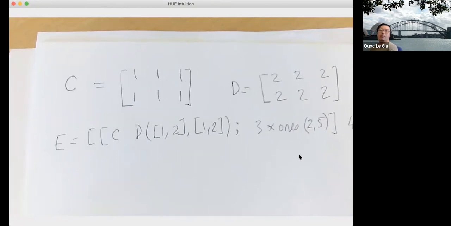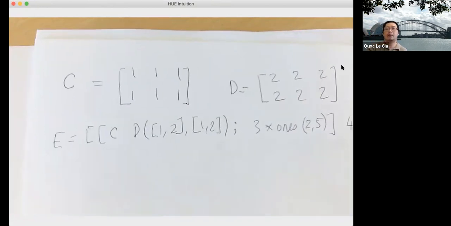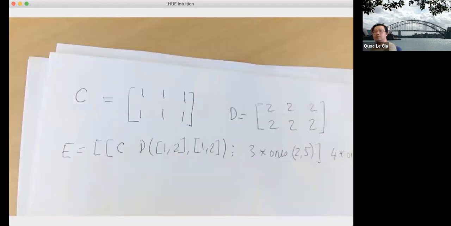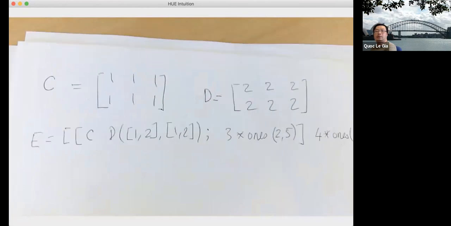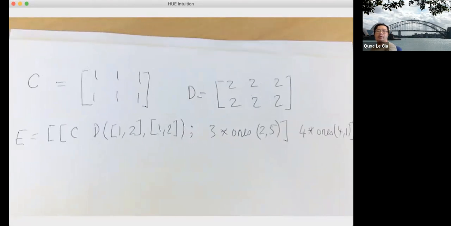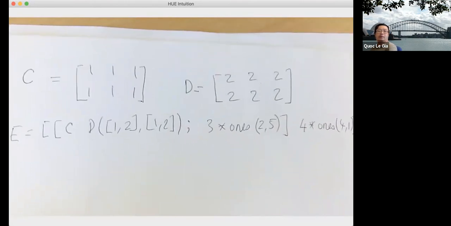Okay, so you see my formula, right? Maybe the last bit is not visible. Okay, so this is the last bit. So now we will construct the matrix E. I will take the matrix C first. So the matrix C will be 1, 1, 1, 1, 1, 1. So this one is the matrix C.